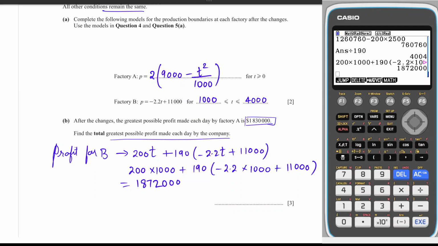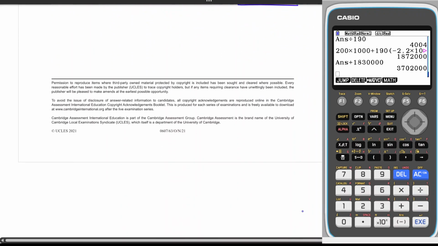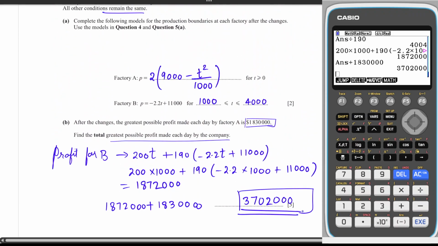Now this plus 180, so 187200 plus 183. Just have to add this plus 183, four zeros. That's my overall profit. That is 3702. This is my total greatest profit. That's it with this paper.